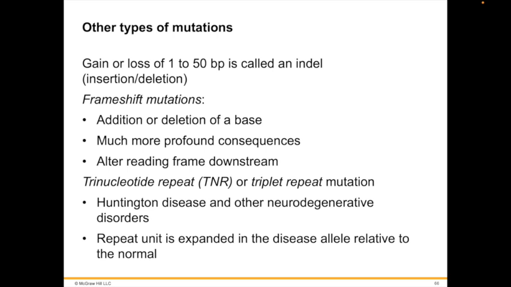A special case of insertions is a class of mutations first discovered in Huntington disease. The gene involved contains a sequence of 3 bases that are repeated, called a trinucleotide repeat or triplet repeat. This repeat sequence is expanded in the disease allele relative to the normal allele.